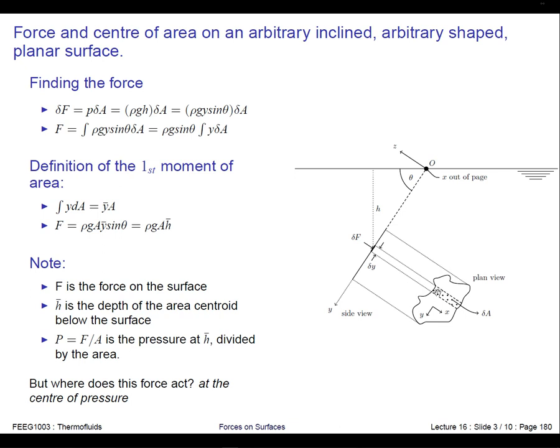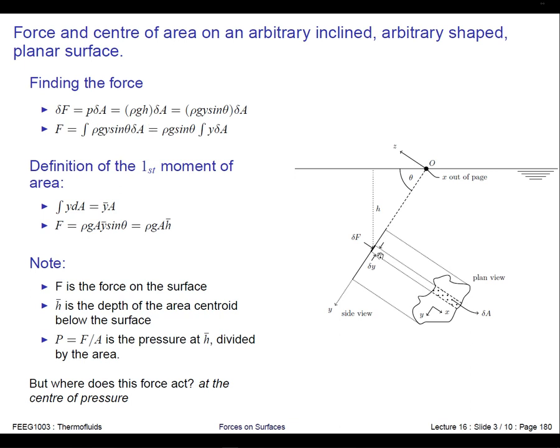The pressure in this little sub area is going to be constant, so the small elemental force on it is equal to P dA, and the pressure is going to be equal to rho g h.